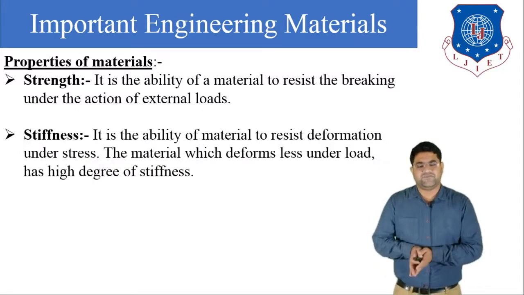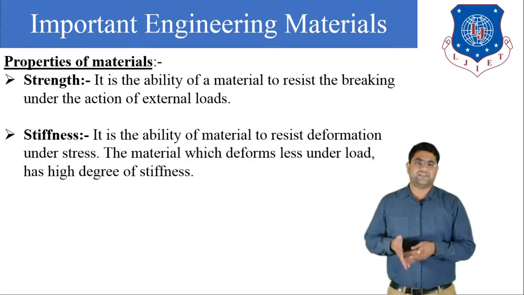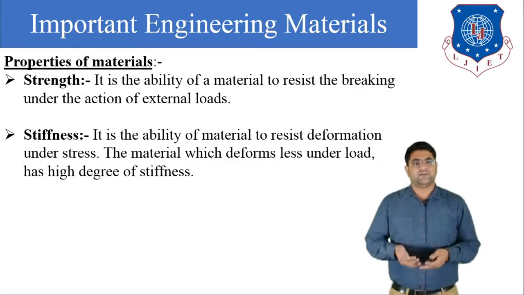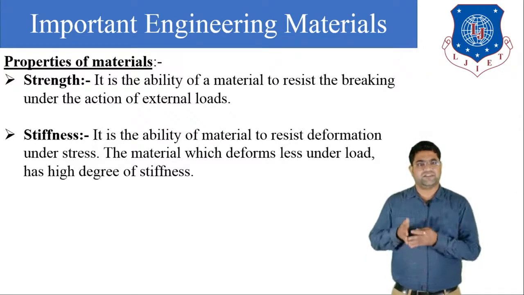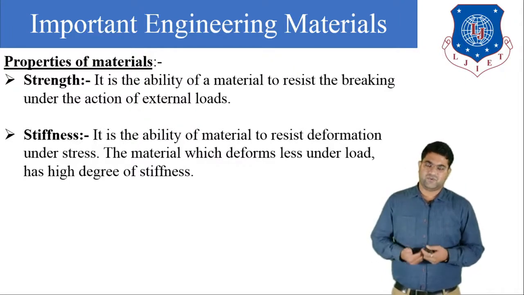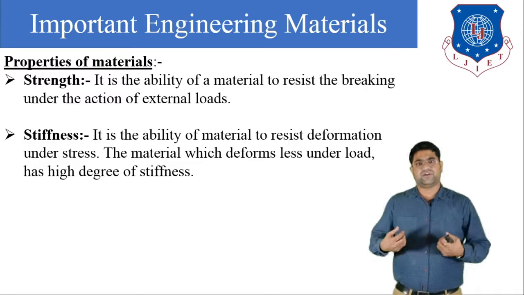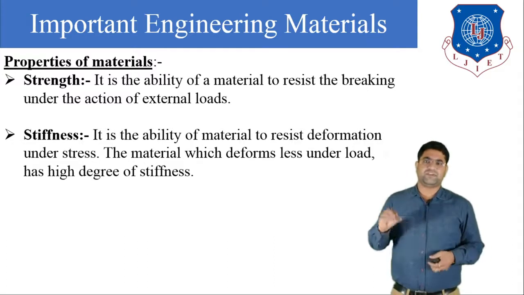Next is the stiffness. Now what is the meaning of stiffness? Stiffness is the ability of the material to resist deformation under stress. The material which deforms less under the load has a high degree of stiffness. When we apply load over any material, the material will deform up to the elastic limit.